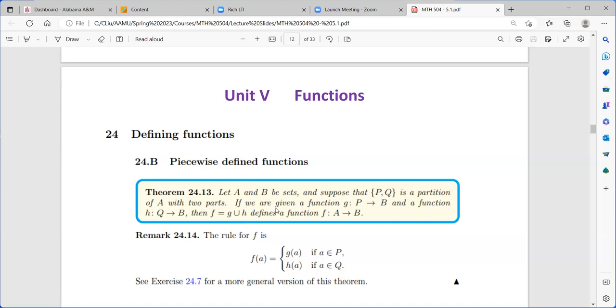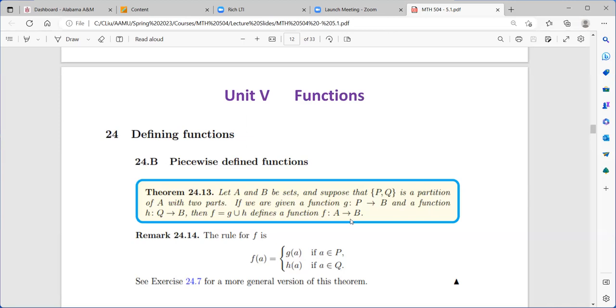So let's just say we are given a function g from P to B. So P is a subset of A, and g maps into set B. And h is another function from Q to B. So that's the other part of set A, mapping to B. So they have the same codomain B, but different domains P and Q for these two functions. Then you can take the union of g and h and define a new function, we call it f, from A to B.